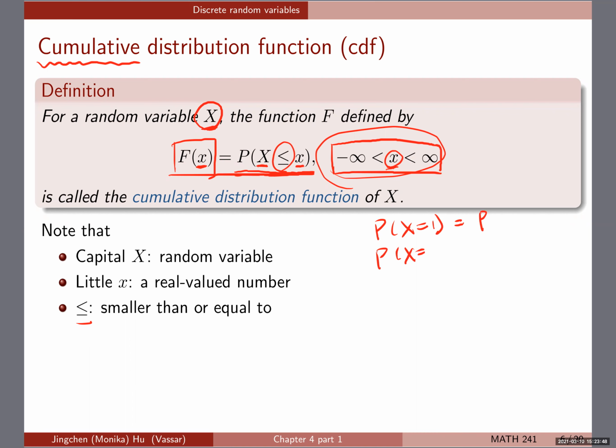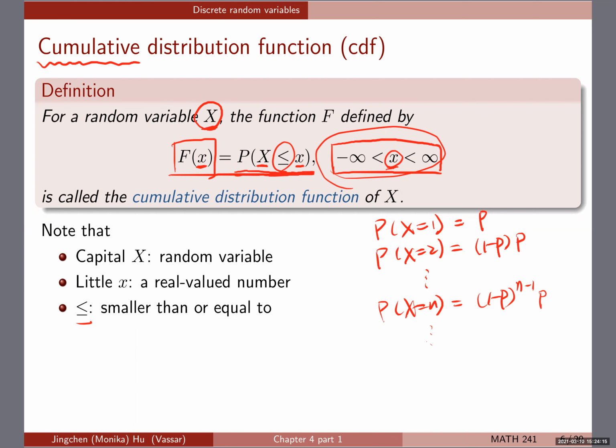If we're listing it out, the first one will have to be a tail, the second one is a head, and then we have a generic expression of X equals n, which is (1 minus p) to the power of n minus 1 times p, because the first n minus 1 flips will have to be a tail, and then the last one is a head. And it can actually keep going on, because it doesn't have to end at n.